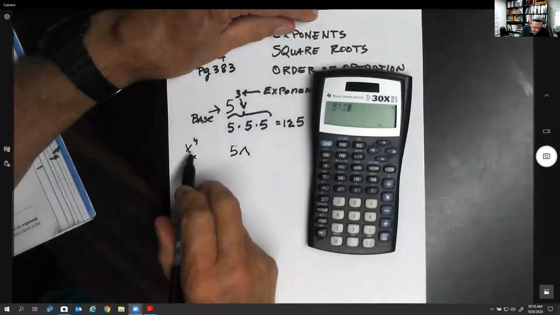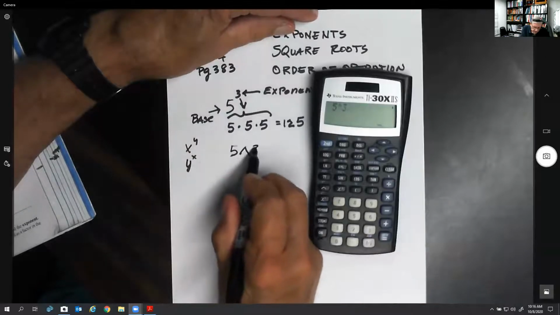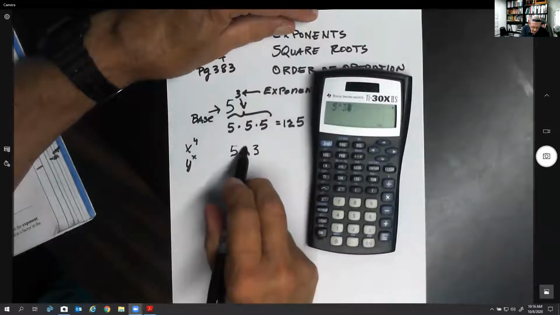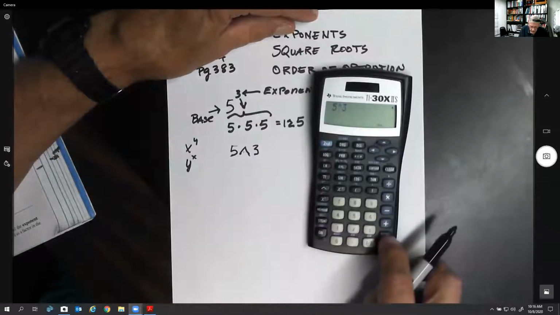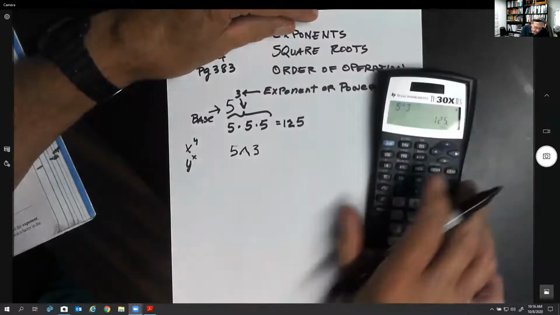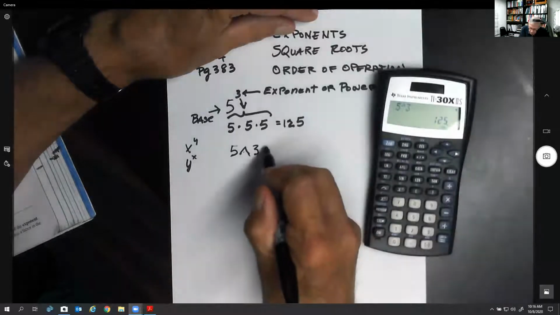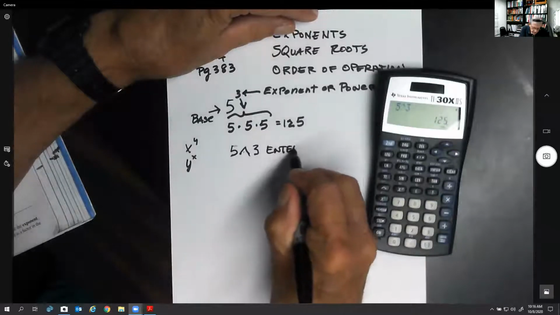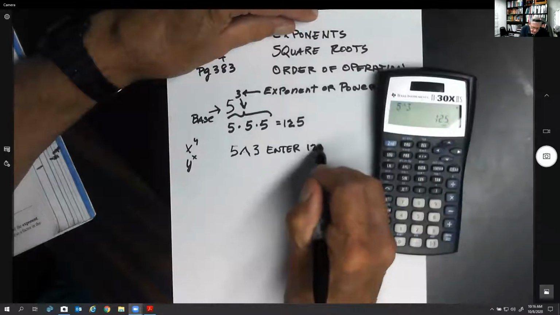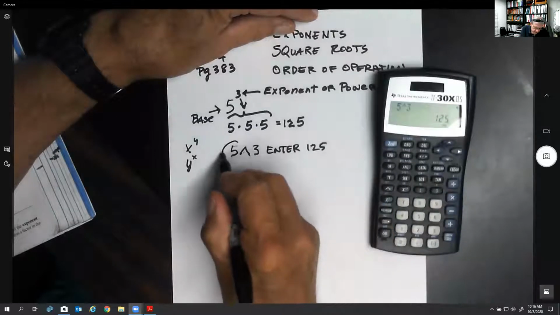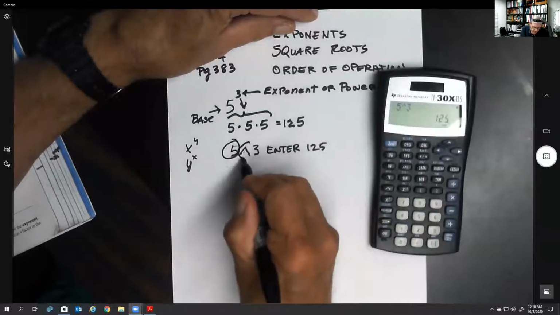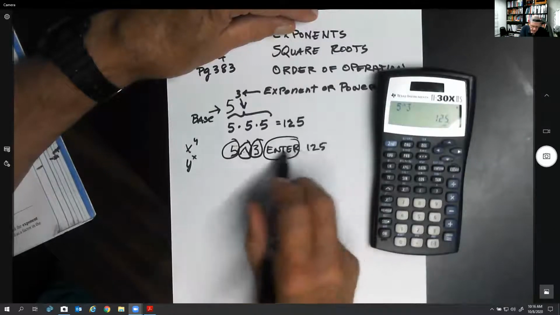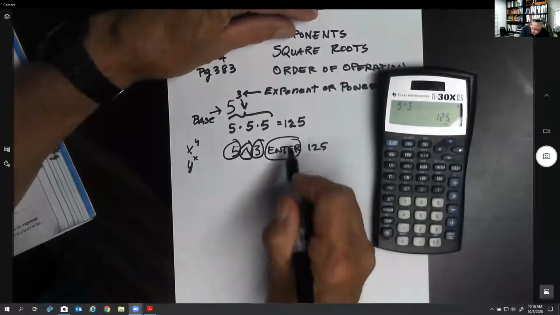What this is saying is we're going to take 5, raise it to the third power, and then hit enter. And we're going to get 125. So these would be the keystrokes that you would use: 5, up arrow, 3, enter, and you get your answer.